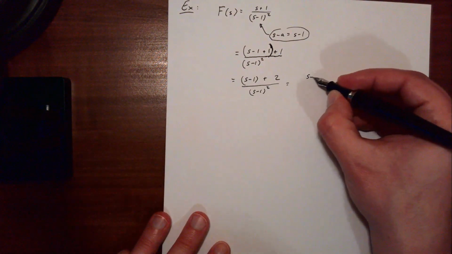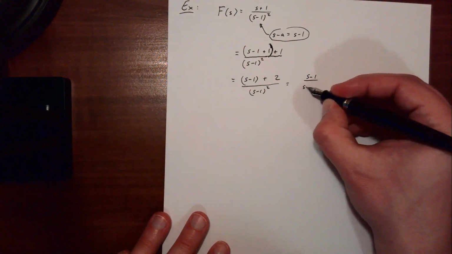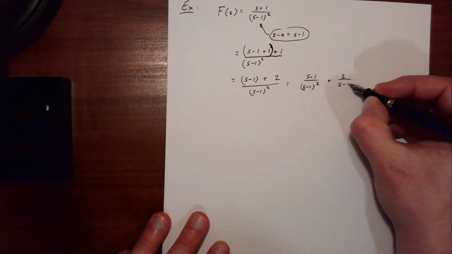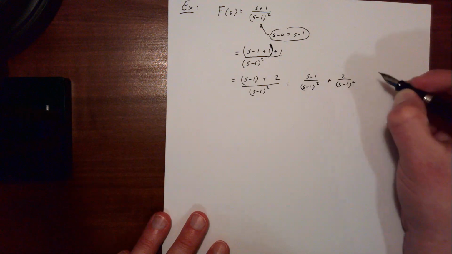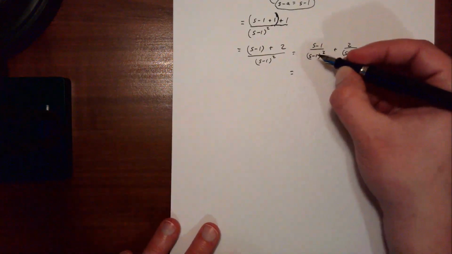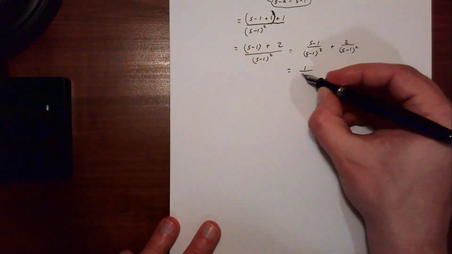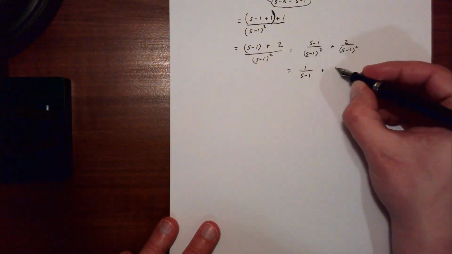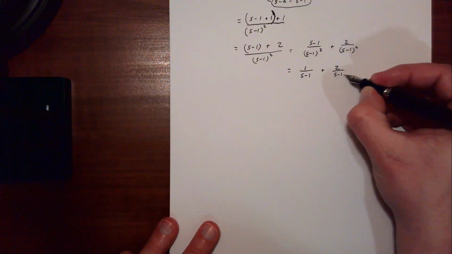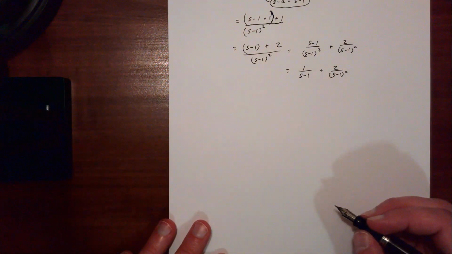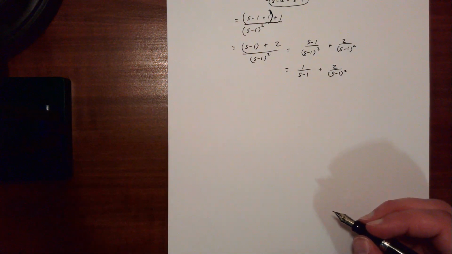I'd have s minus 1 over s minus 1 squared plus 2 over s minus 1 squared, which just algebraically, not doing any kind of calculus, would simplify to become 1 over s minus 1 plus 2 over s minus 1 squared.